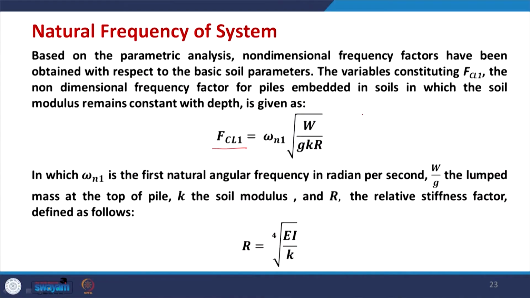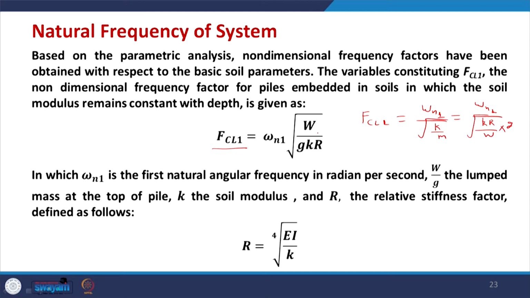So, this FCL1 in this case is defined basically as omega n1 divided by k by m. Once you have k by m, omega n1 divided by small k multiplied by r, while m is w by g. So, how has this equation come?